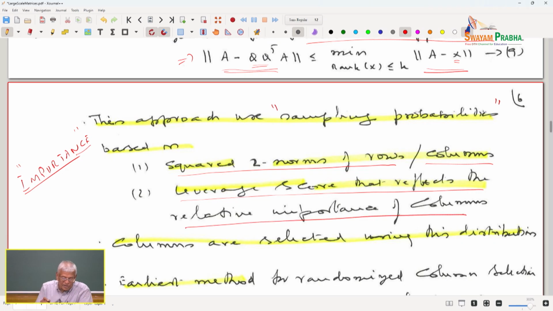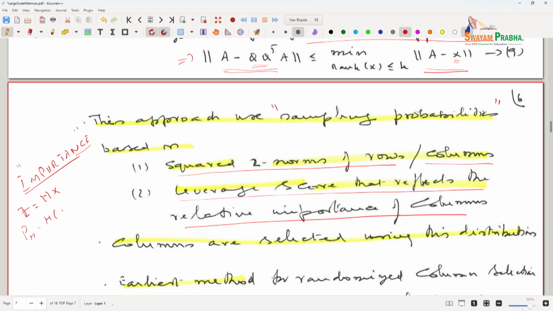So, what is a leverage score? It again goes back to least squares theory. You remember, if I have a model Z is equal to H of x, I have a projection matrix PH that is equal to H, H transpose H inverse, H transpose.